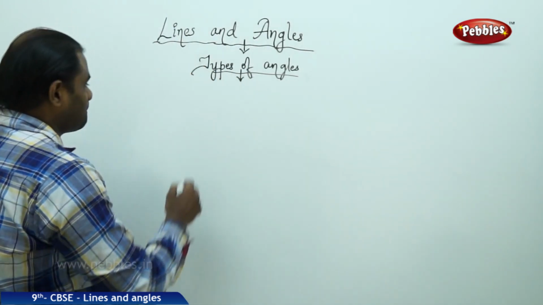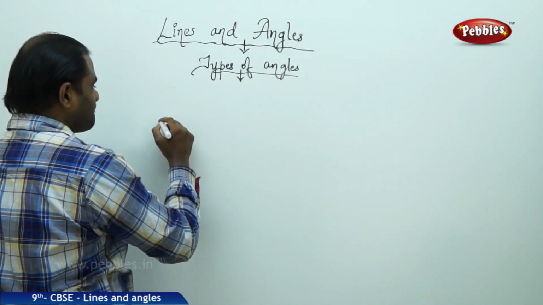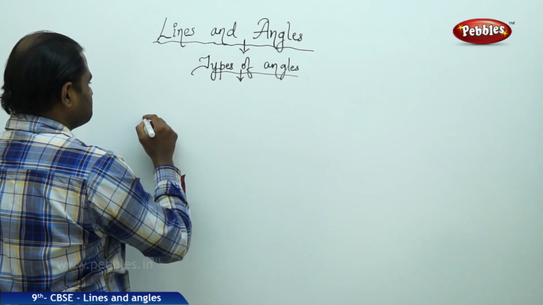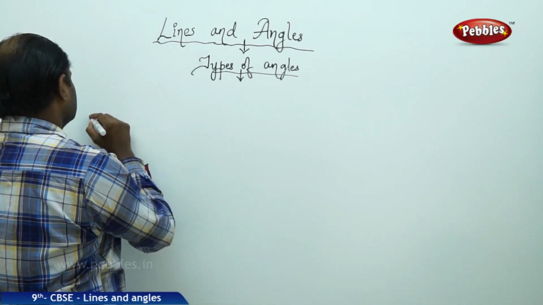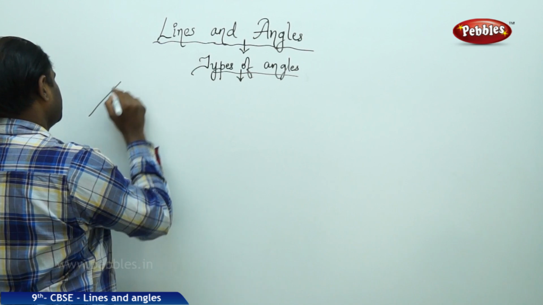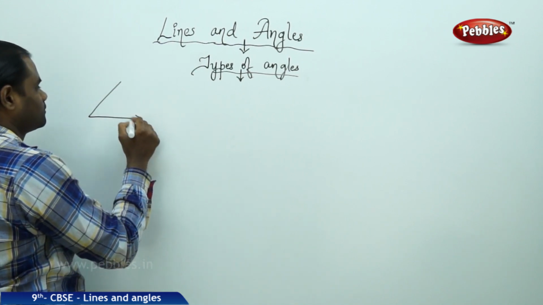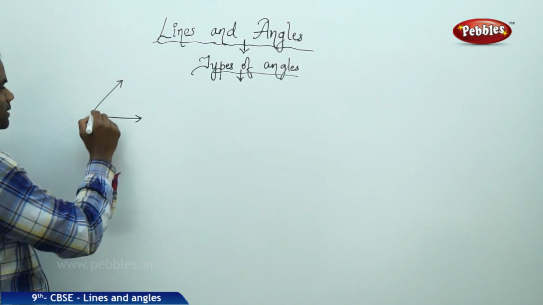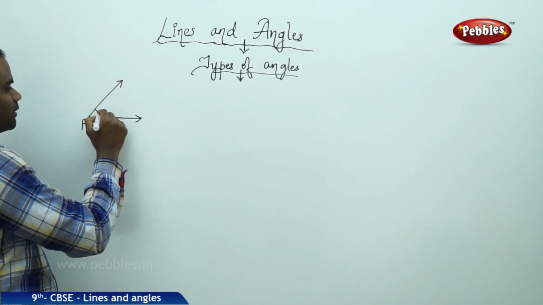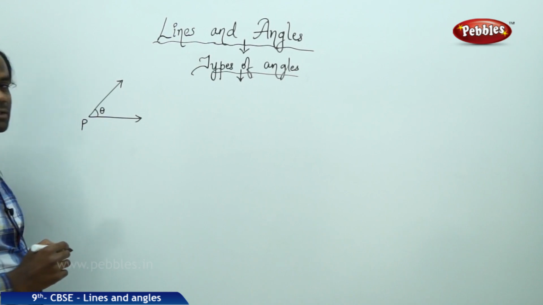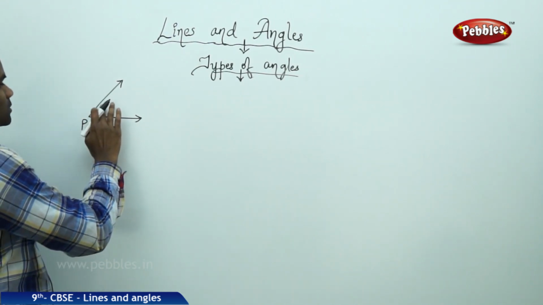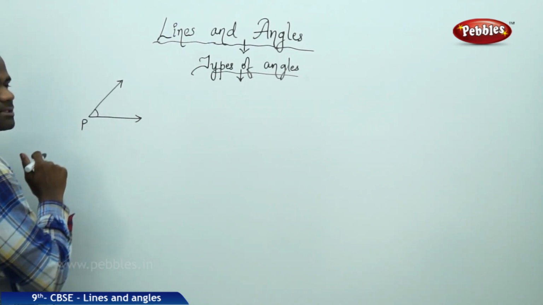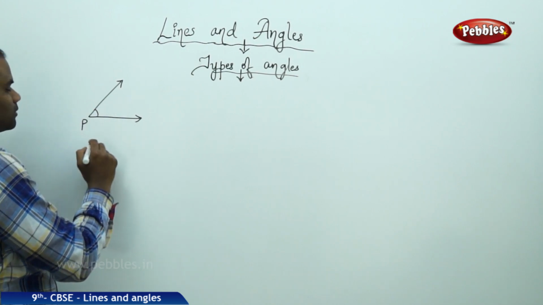Say for example, I have the two rays. In the first case, passing from P, I clearly see that this angle, if I represent it with theta, is less than 90. So any angle which is less than 90 is called an acute angle.